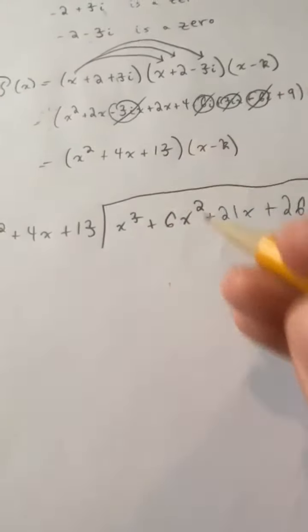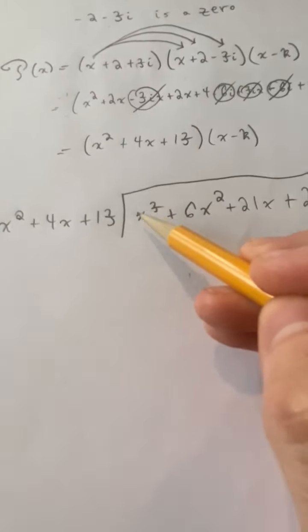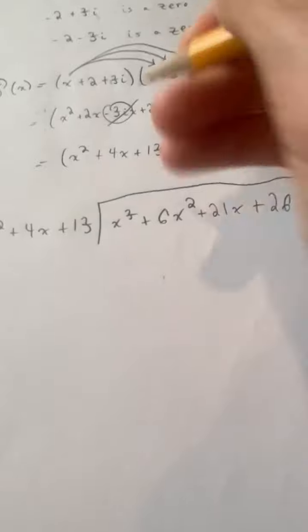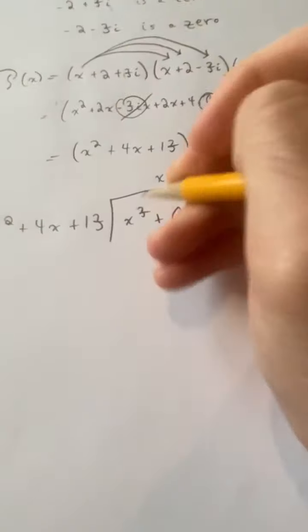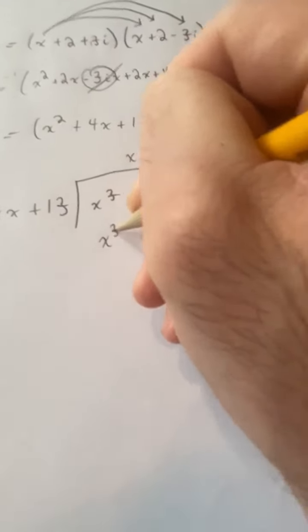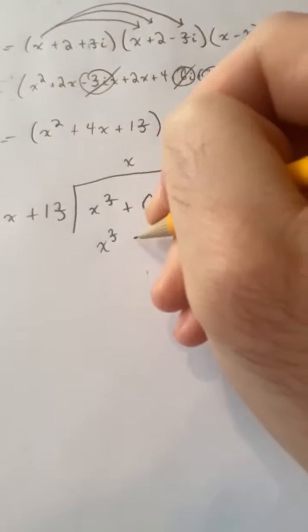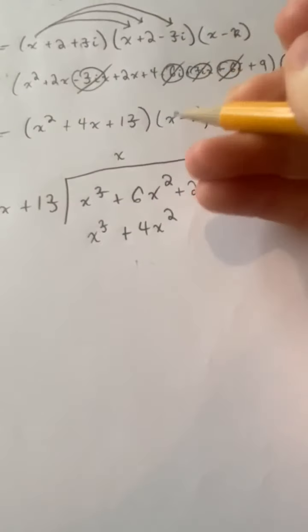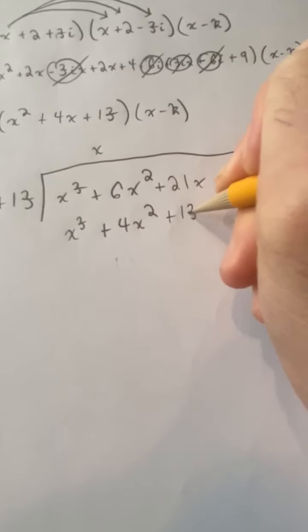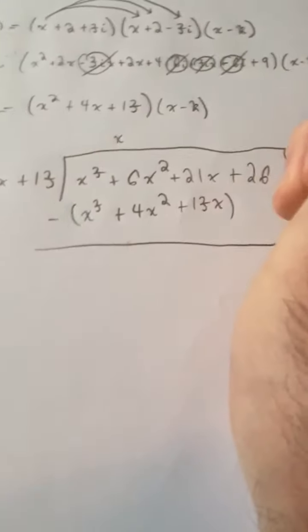We have x cubed here as our leading term, so we'll have an x up here. We multiply the x into this, we get x cubed plus 4x squared plus 13x, and then we subtract this whole thing.